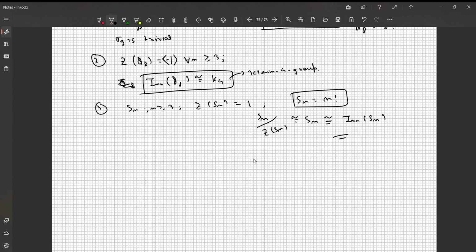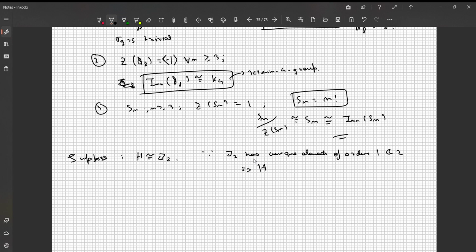Now, one more example we should consider. Suppose you take H to be isomorphic to Z2. This can be thought of as an observation. Then we know that Z2 has unique elements of order 1 and 2.